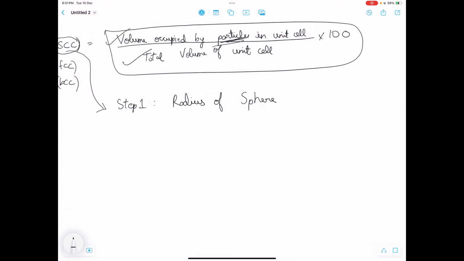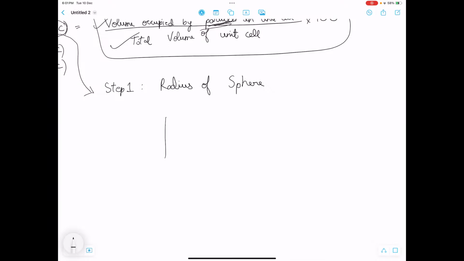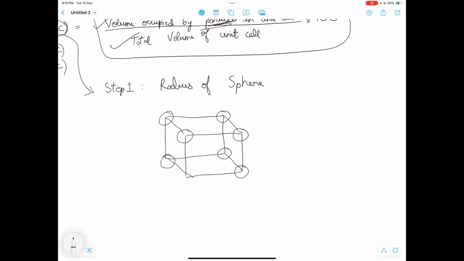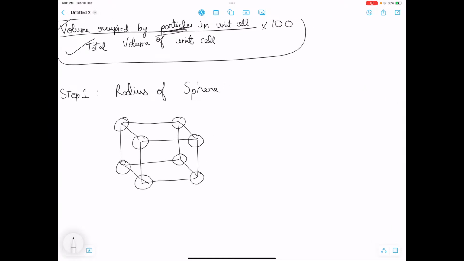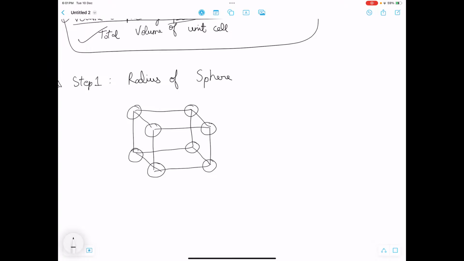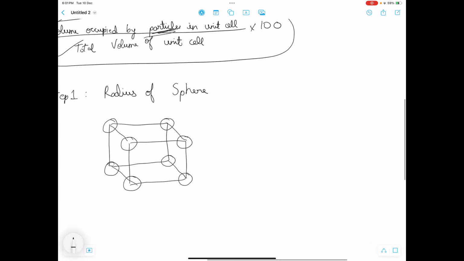Now to understand how to calculate the radius of the sphere, we need to understand the diagram of SCC. In a simple cubic unit cell, the particles are at the corners and they touch each other along the edge.